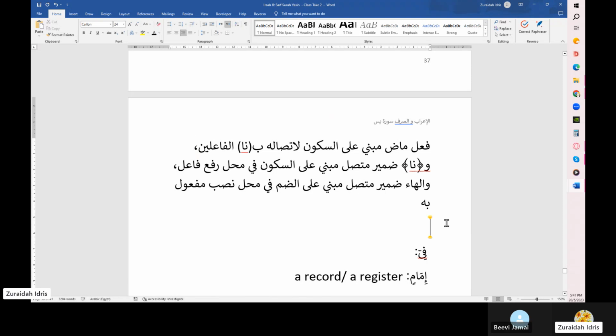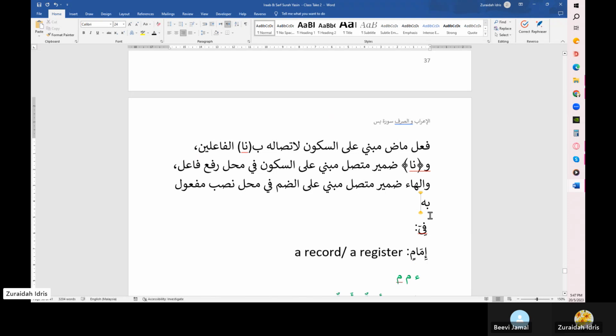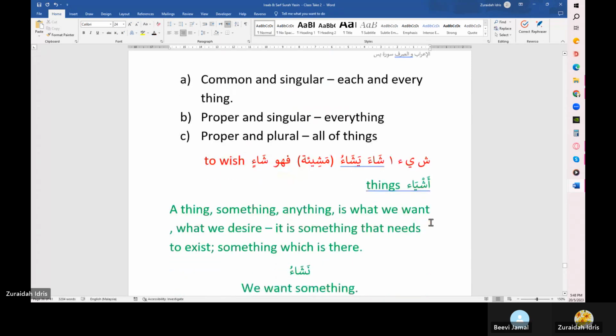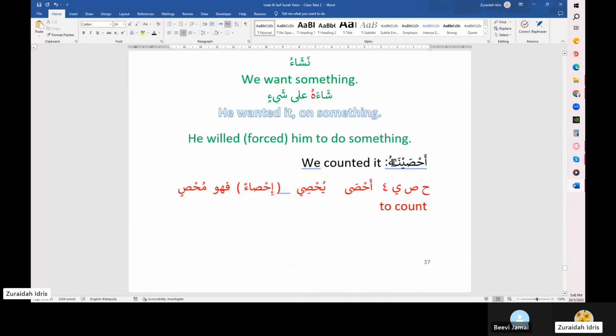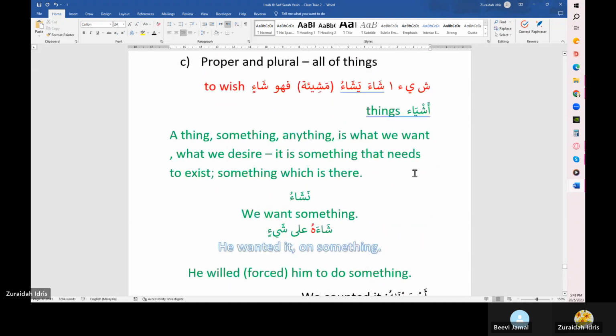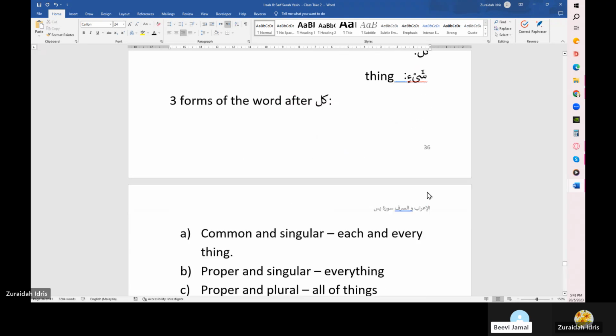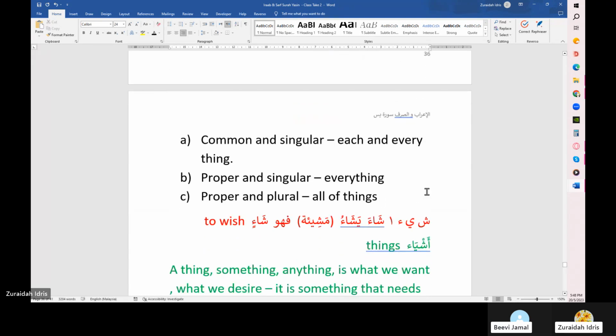Okay, now before we go on further, why is kulla mansub? Here ahsaynahu already has its maf'ul. Why is kulla mansub?